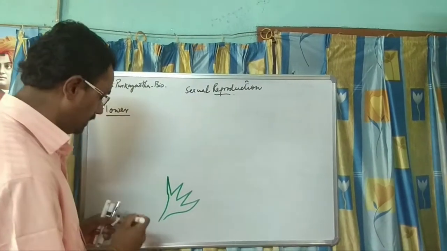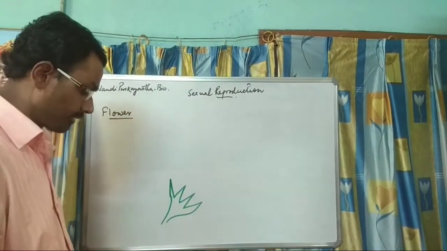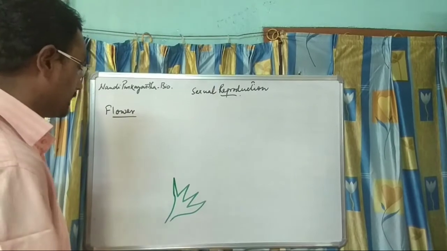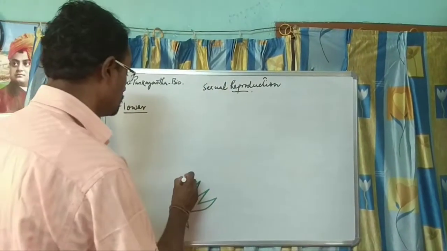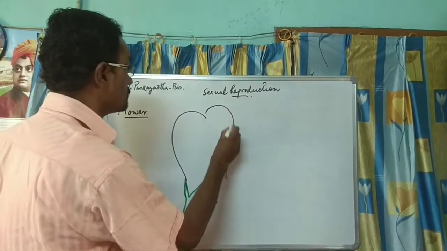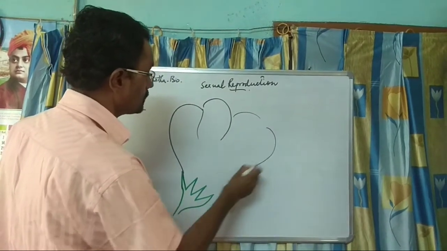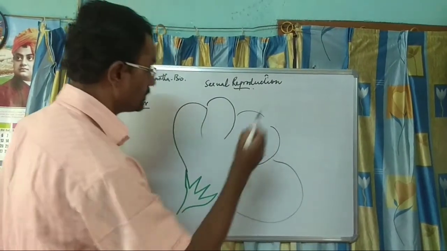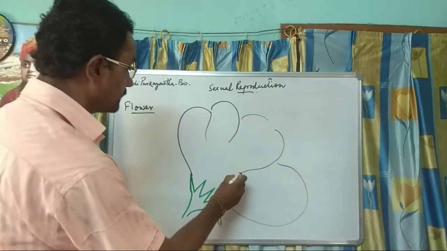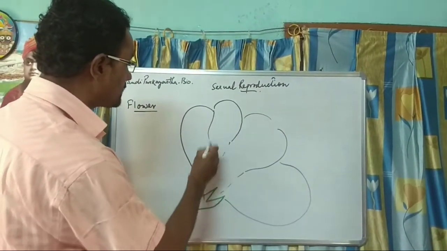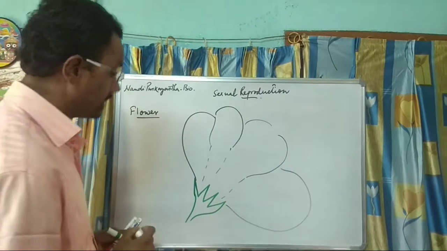This one that I have drawn is the calyx. Then these are the corolla.